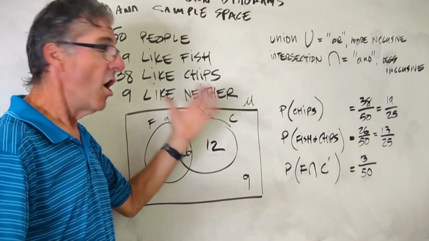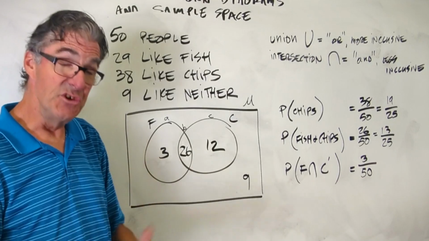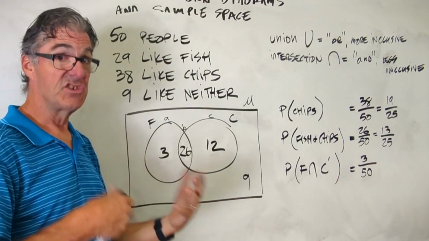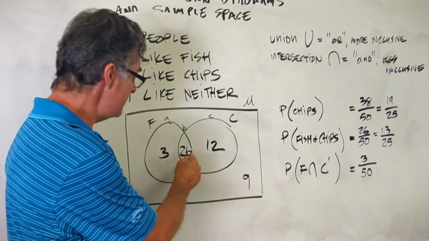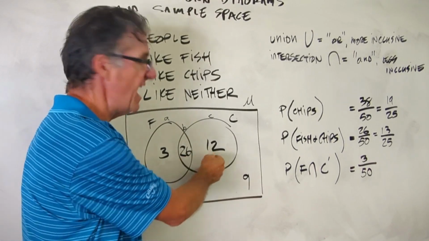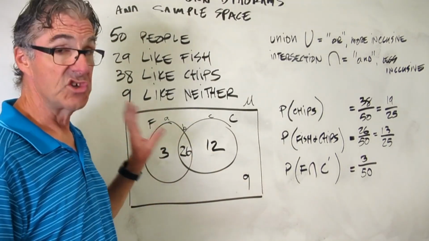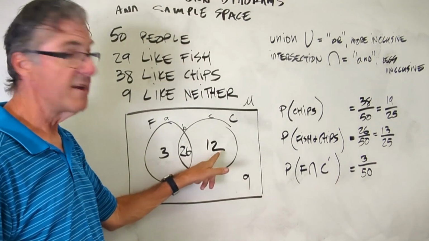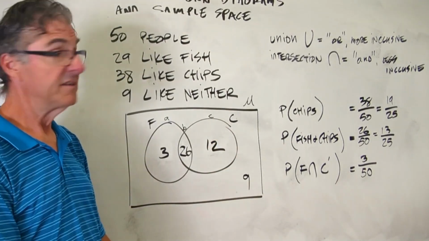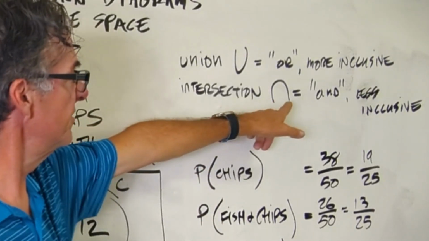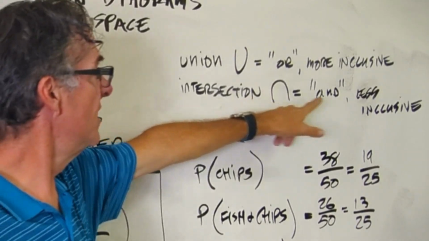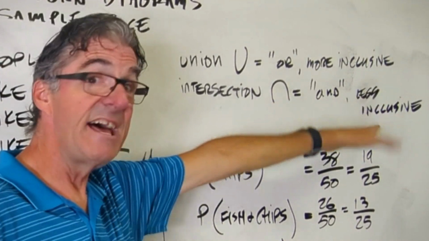So fish or chips is the union of people that like fish or chips. So any one of these guys would count. So if you had the probability of fish or chips, it would be all 41 of these over 50.